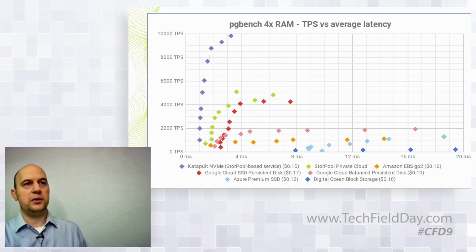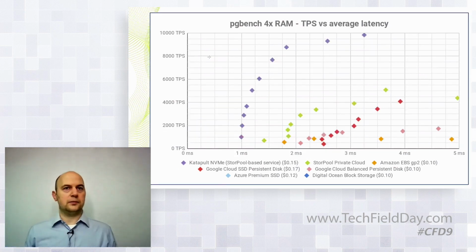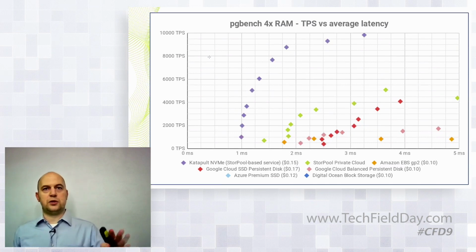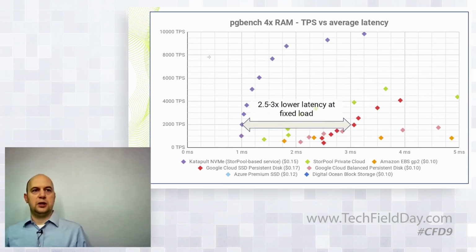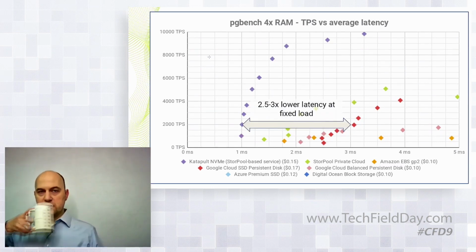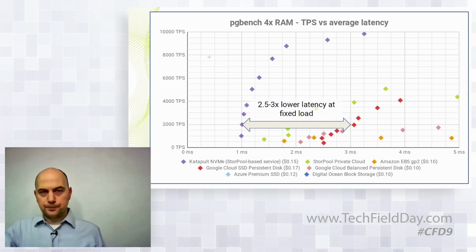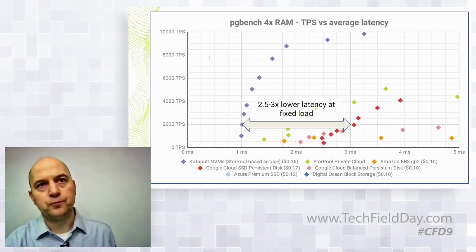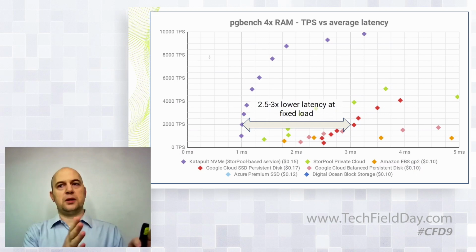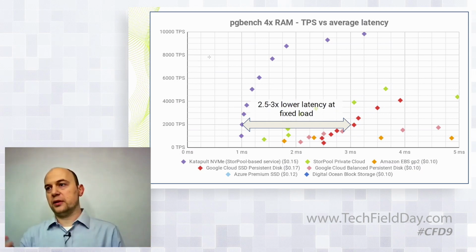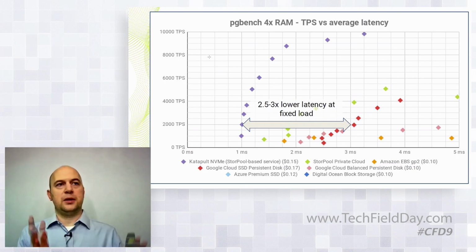Now, this is just a zoom in of the same chart so I can show a couple of things. There is a significant performance difference between the fastest of the public clouds, which is Google Cloud with SSD persistent disk, and the service of our customer.